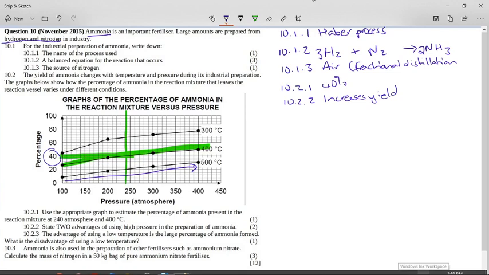In this system, increasing the pressure favors the forward reaction because the forward reaction only makes 2 moles of gas. Also, increasing the pressure is like increasing the concentration. If you increase the concentration of the reactants, which is what happens with pressure, that speeds up the reaction. So you can say it speeds up the reaction or increases the reaction rate.